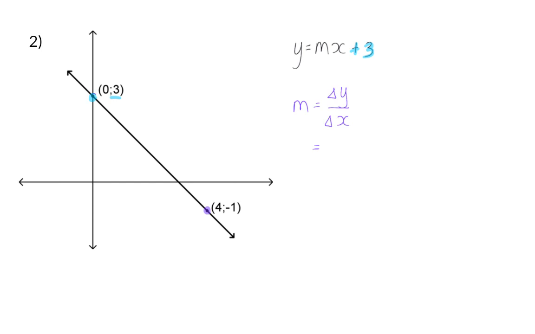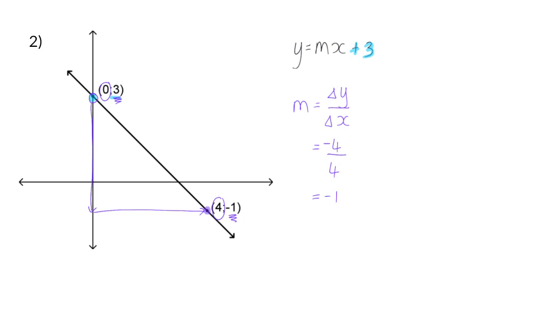I'm going to choose to start at point 0, 3 and move down to the coordinate 4, minus 1. So my vertical translation will be from 3 down to minus 1. And that is a difference of 4, but because it's downwards, I have to add the minus. Next, the horizontal change will be from a value of 0 to 4, which is a positive difference of 4 units. Simplified, this will give me a gradient of minus 1.